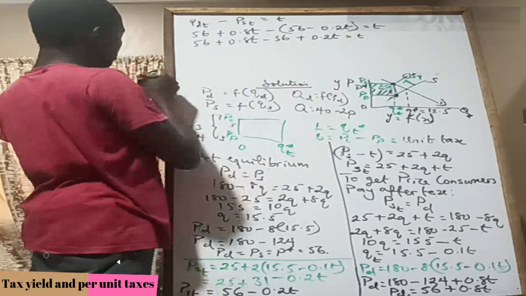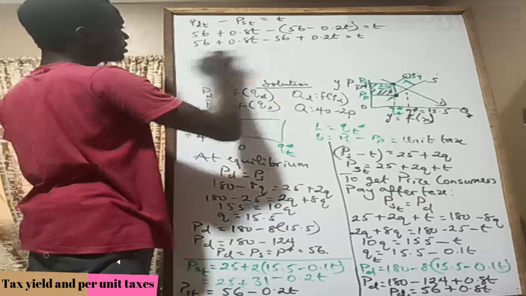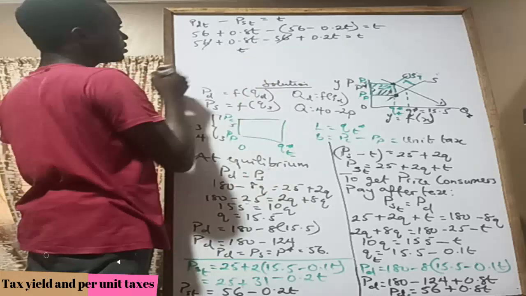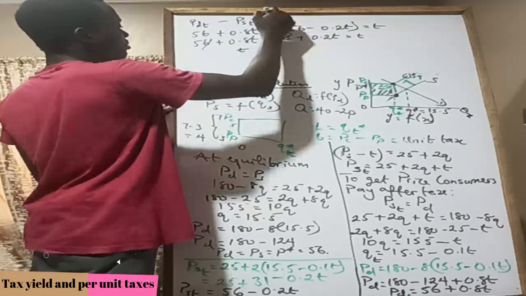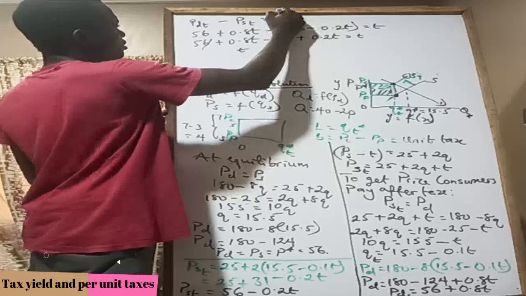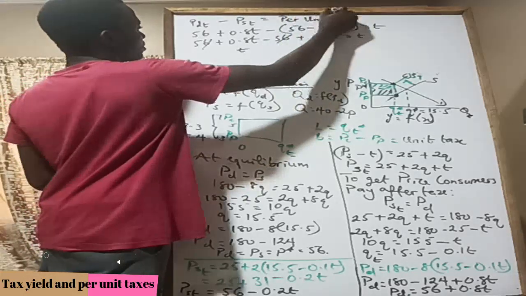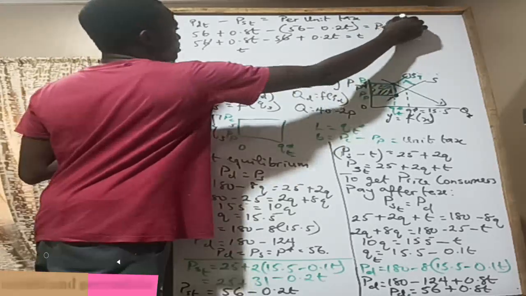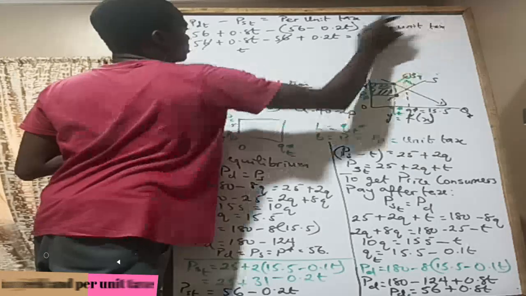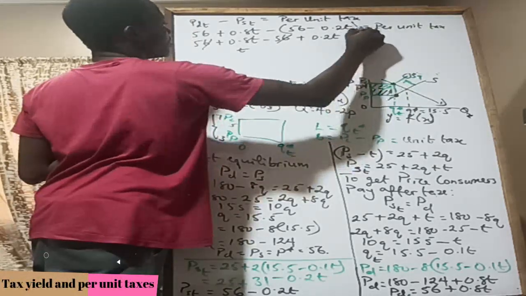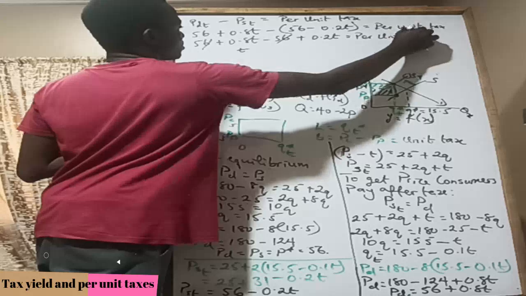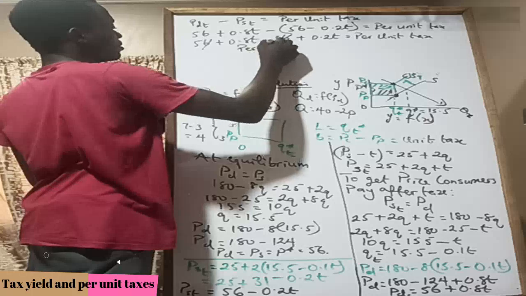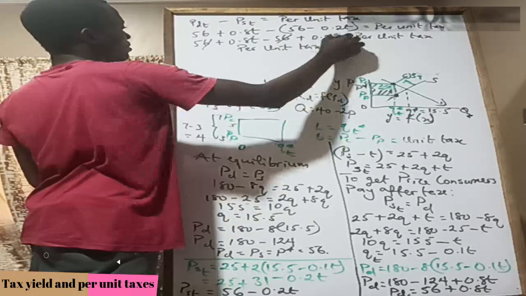Okay, so 56 cancels 56, and 0.8T plus 0.2T gives T. So the answer here is T. Let me just leave it in words: per unit tax equals T from our calculation.